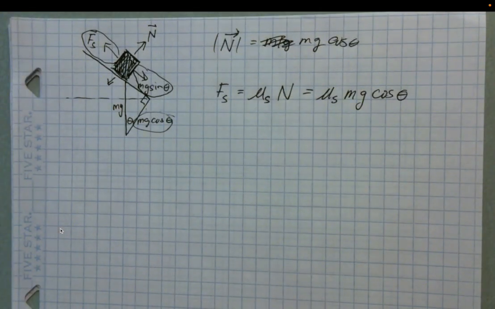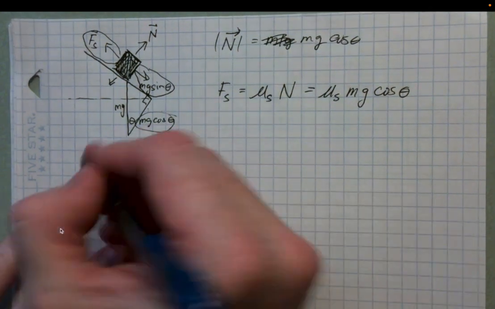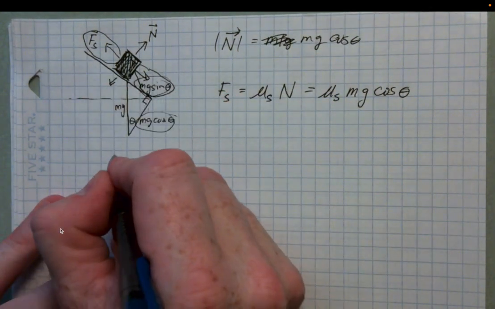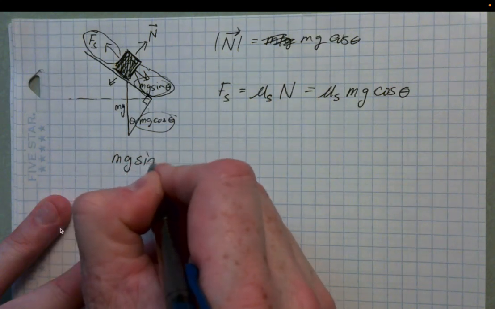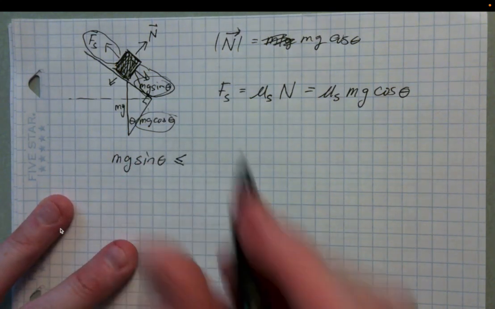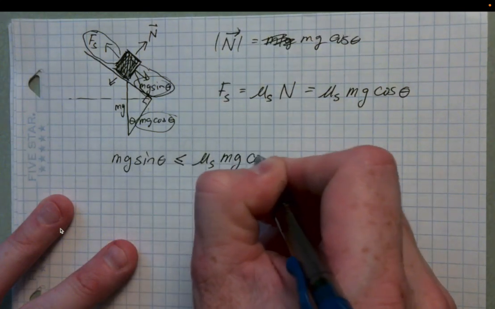In order for the block to not slide, this force must balance against the gravitational force that's acting parallel to the incline. That's this part. So what we need, in order for this to not slide, is mg sine of theta to be less than or equal to mu sub s mg cos theta.